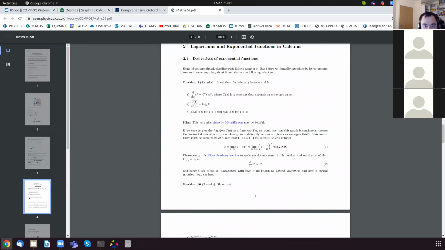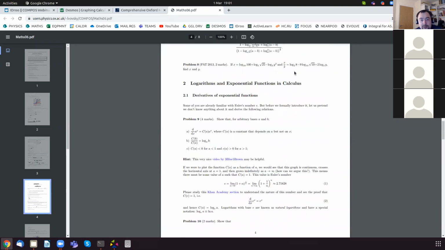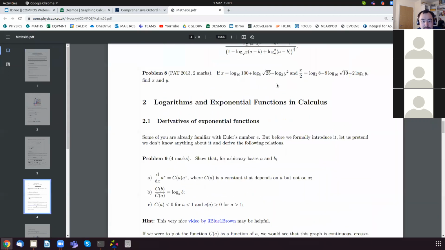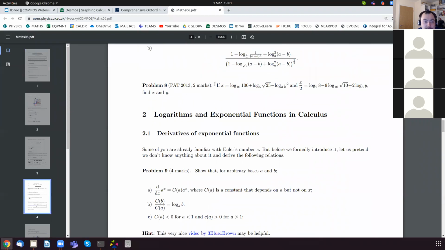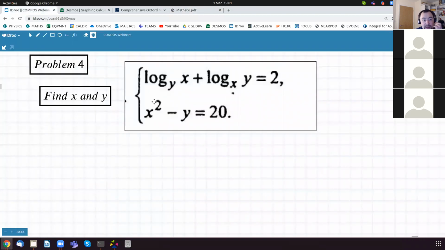One of the questions. Yeah, so if x is this, y is this, find x and y. It's not exactly the same, but the idea is the same. You have two expressions, you need to find x and y. Basically, it's simultaneous equations.